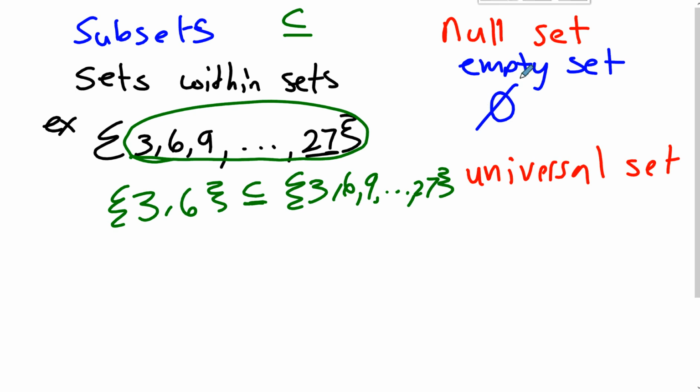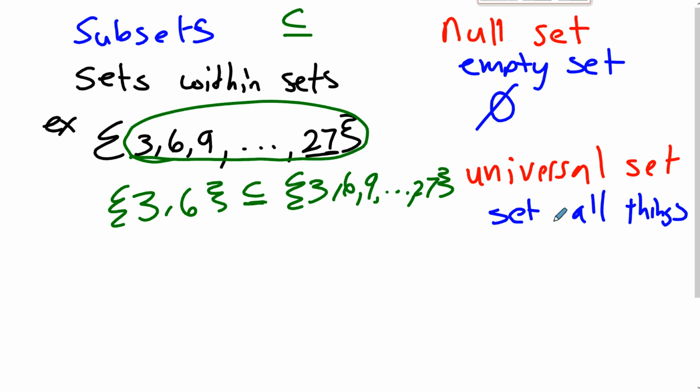Then the universal set is the set of all things. If we're talking about just whole numbers, 0, 1, 2, 3, 4, and it goes on forever, that could be the universal set. Or the real number system could be the universal set, or the complex number system.